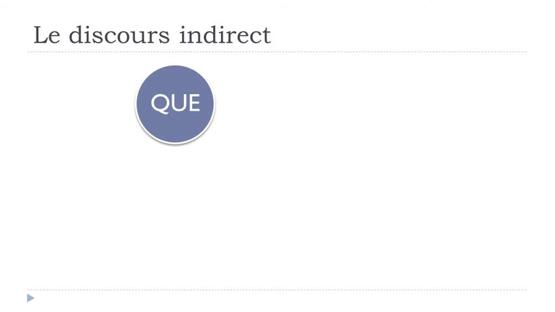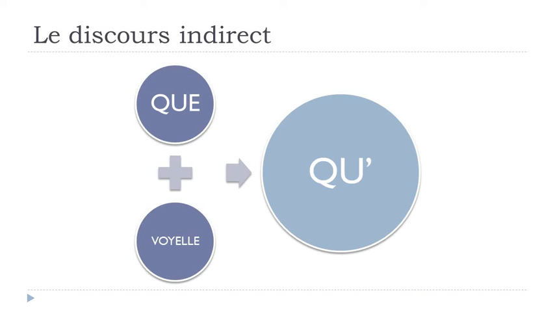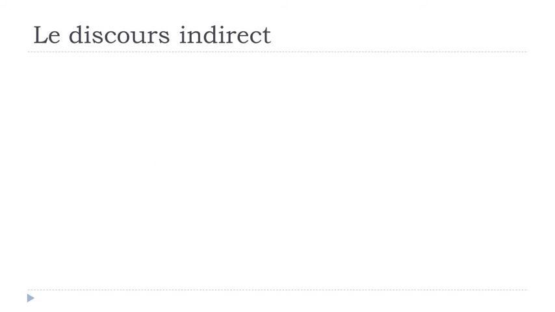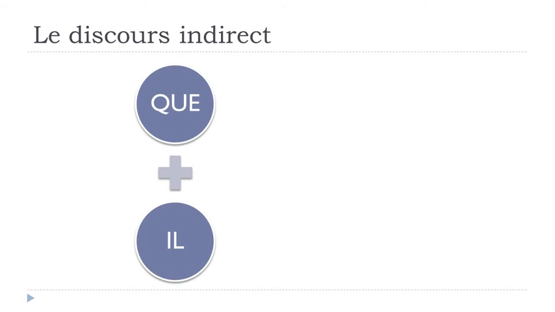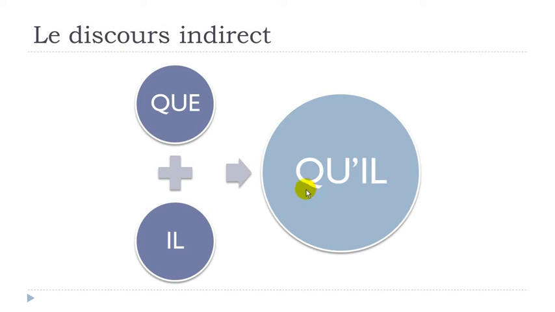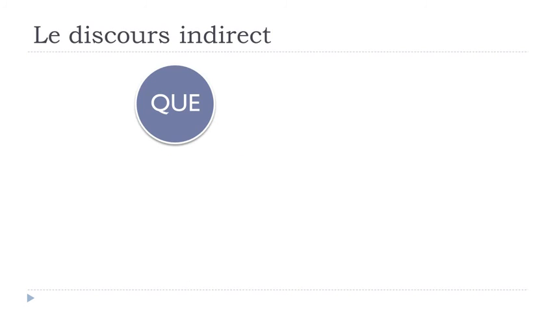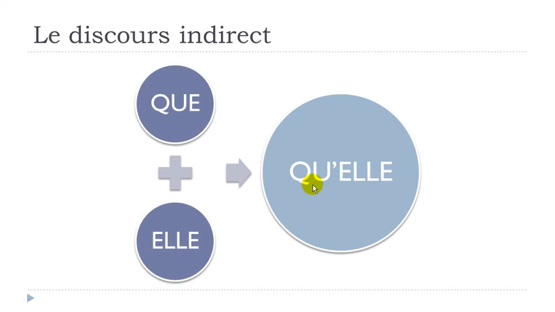Keep in mind that que, if it is combined, as we saw, with a vowel, will become qu', like that. Okay, so the e needs to go away. So the classical example that we had was que and il, and it's becoming qu'il. It could be que and elle, and it will become qu'elle. Okay, or if we're talking about first names that will start with a vowel, it will be exactly the same thing.